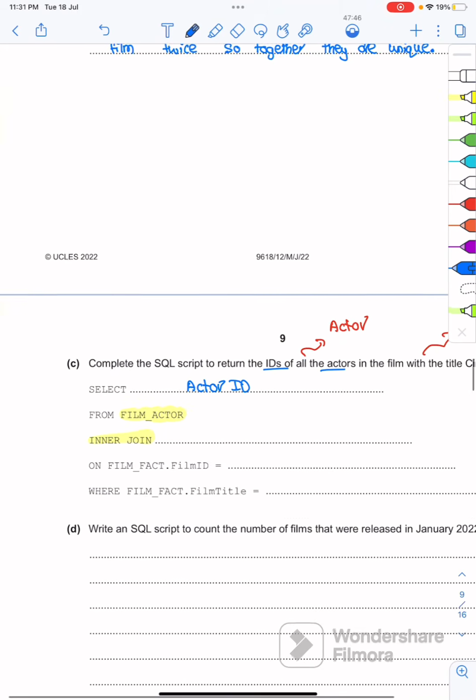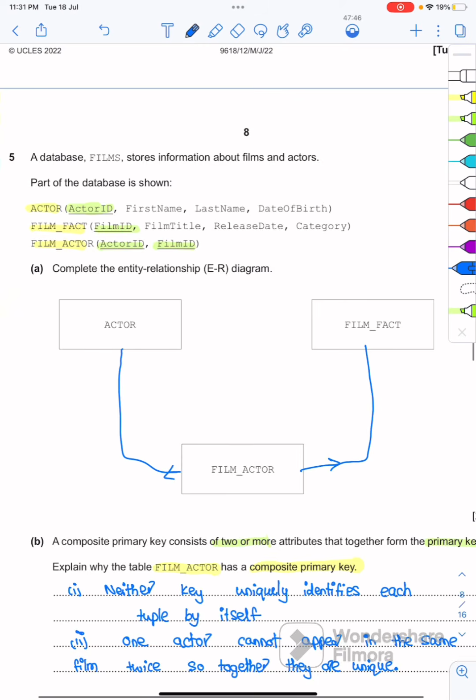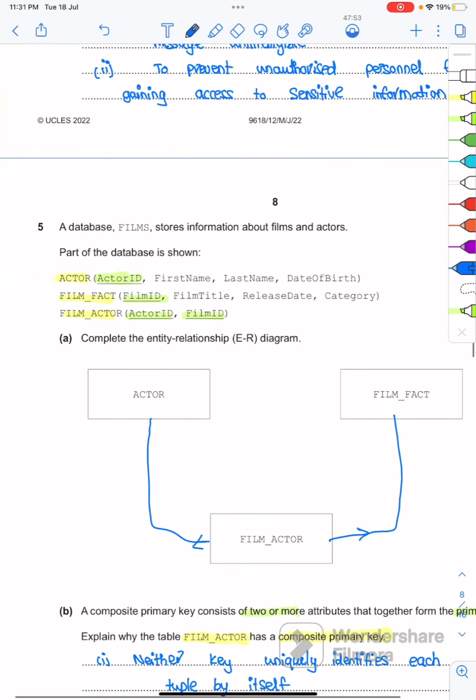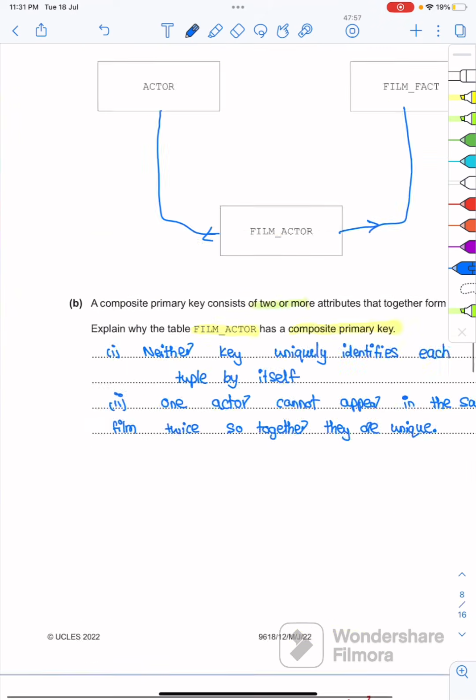Inner join means we're going to reference another table as well. So what's the other table that we're going to reference? That is going to be film fact.